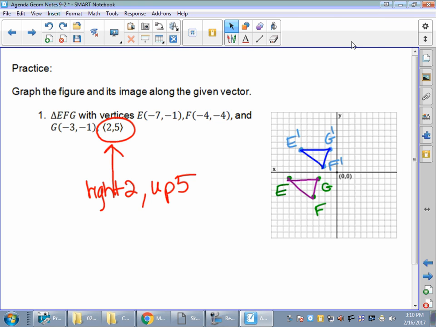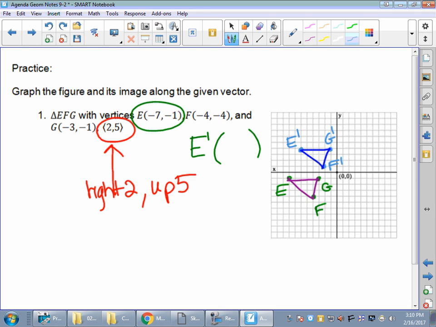I'll probably ask you as well for those ordered pairs. So what is the ordered pair for E prime? Well, you could do it two ways. You can graph it and then count it out, or you can do your ordered pair from E, add the 2 to the -7, add the 5 to the -1. So -5, 4. F prime will be at -2, 1.